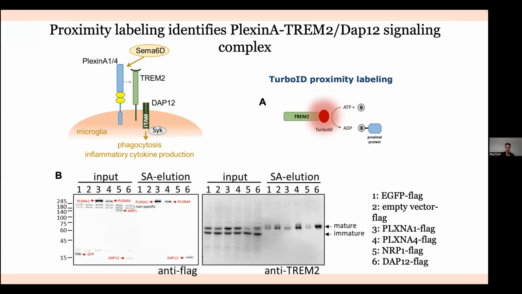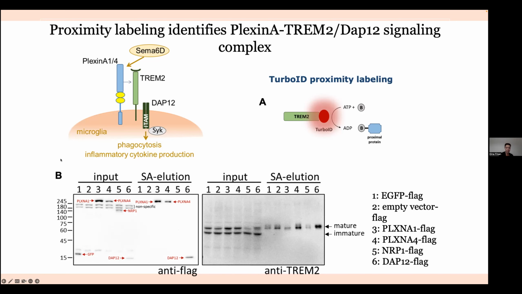Our lab used a molecular biology approach to examine a hypothesis that began with a literature search into TREM2 signaling, in which we found that TREM2 forms a receptor complex with plexin A1 and DAP12, in which SEMA6D binds to plexin A1 to induce immune responses in dendritic cells and macrophages. So naturally, we wanted to investigate this system in human microglia.